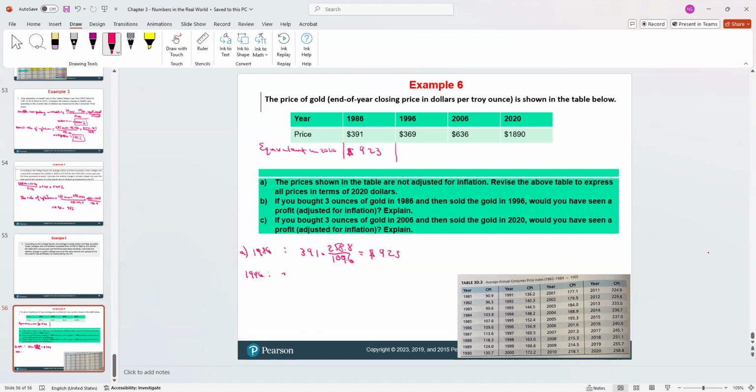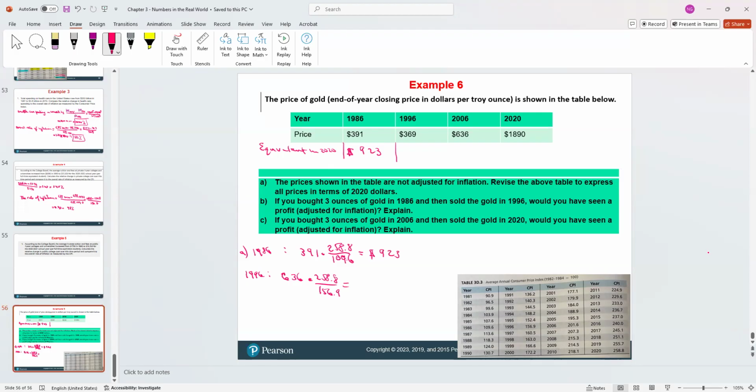And I'll do the same for the other ones. 1996. So we take this price and we multiply it by 2020, 258.8. Now we need to do it for 1996 on the table. Look for where you see 1996: it is 159.9.